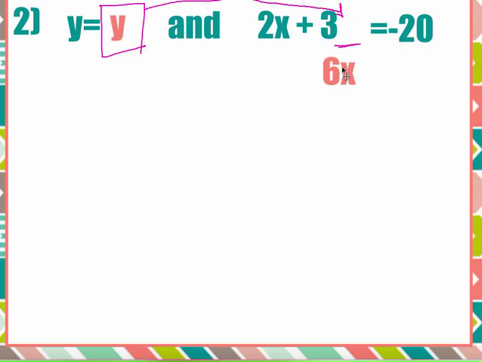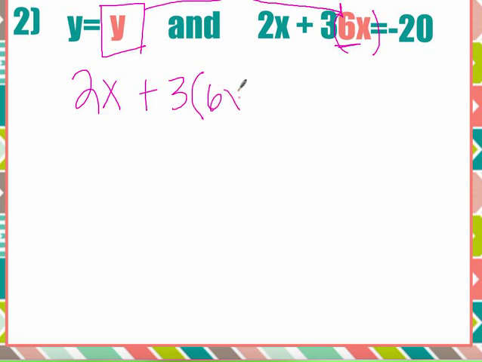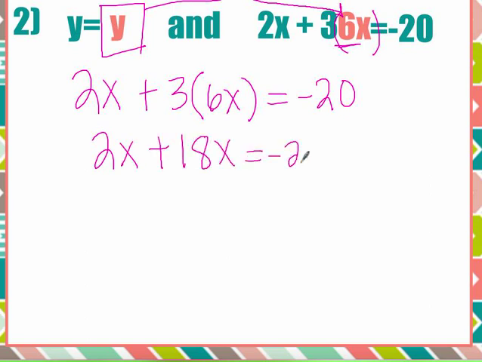So 3 is going to be multiplied by the 6x. So the equation I'm really working right now is 2x plus 3 times 6x equals negative 20. And we did that, so now x is the only variable in the equation, and we can try and solve for it. So we've got 2x plus 18x equals negative 20.